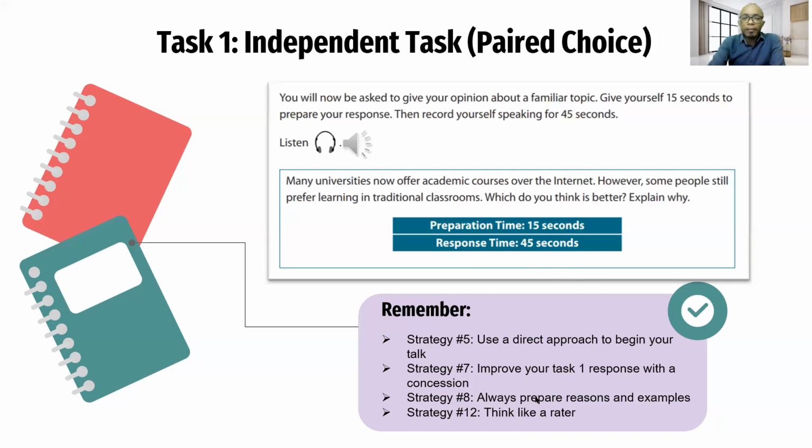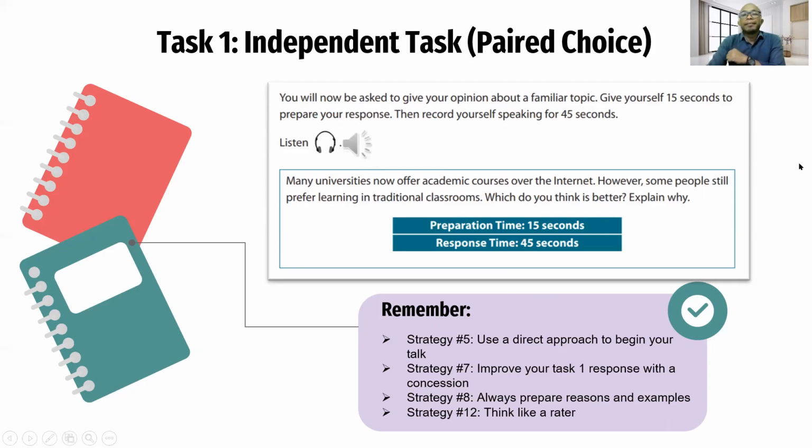If you prepare reasons and examples, it will usually help you fill that time. And the last strategy is to think like a reader. Think about what the rater would expect to see to give you the highest score. Now, are you ready to apply them? Here we go.